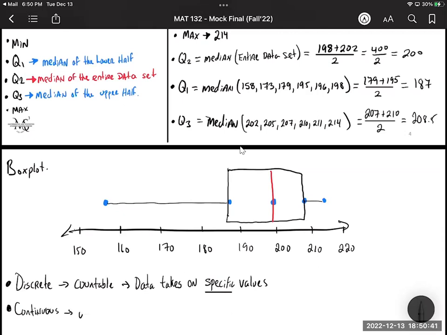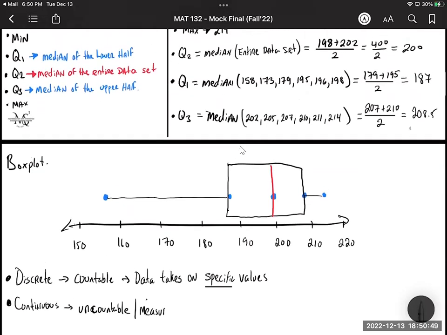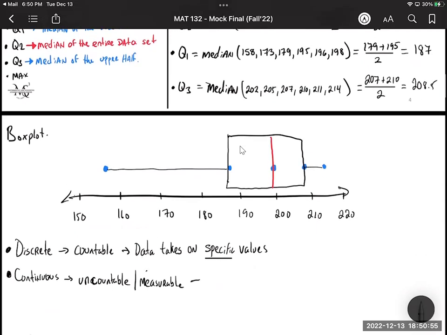So you say it's uncountable, or you say that it's measurable. Like temperature. Temperature is measurable, so it's continuous data. Measurable means that data takes on any value in an interval.